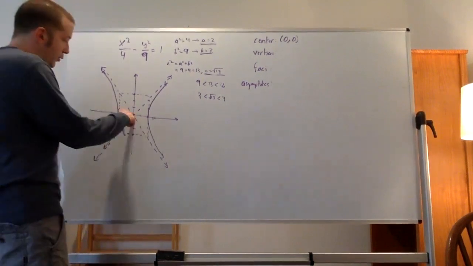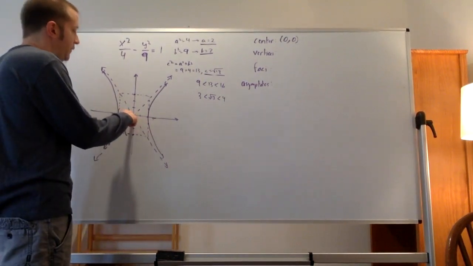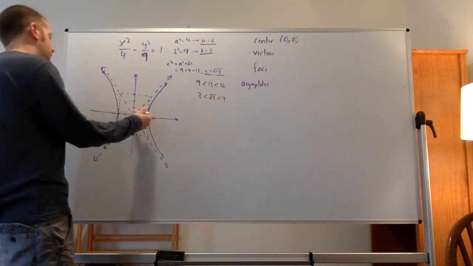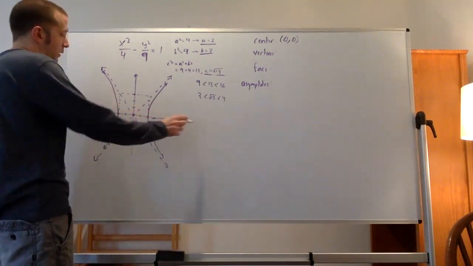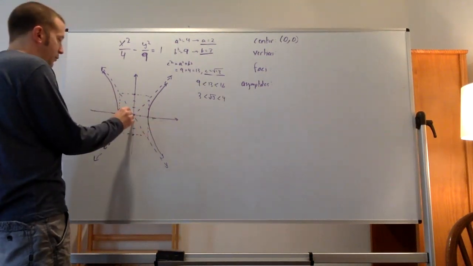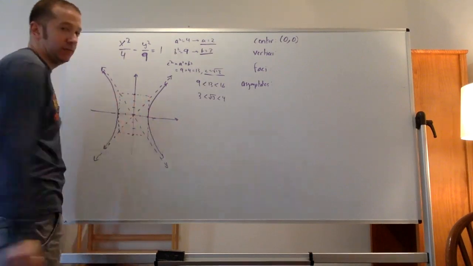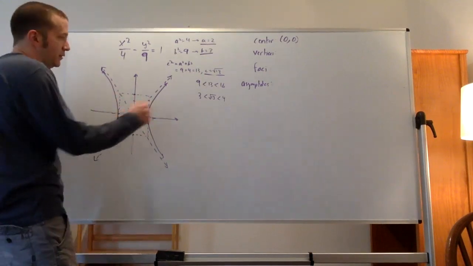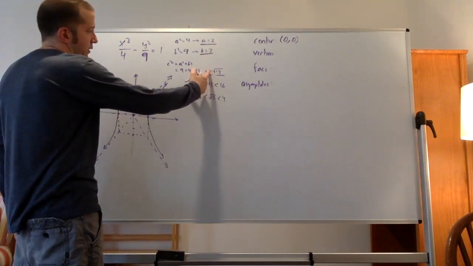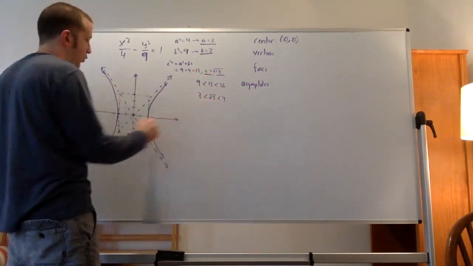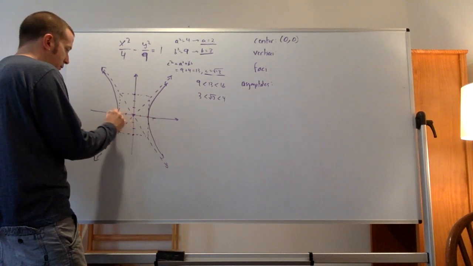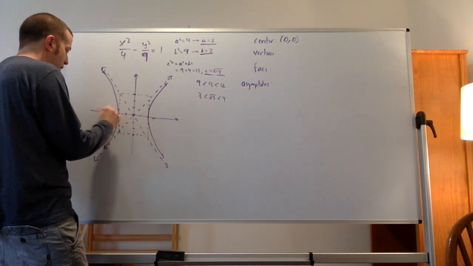So now, to find the foci, I'm going to move C units along the transverse axis, which means C units to the left and C units to the right for this problem. We said C was root 13, which we realized was between 3 and 4. So I go 1, 2, 3, 4, somewhere in here.